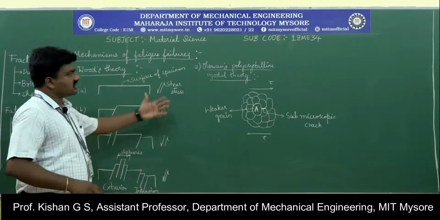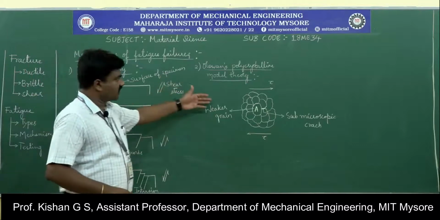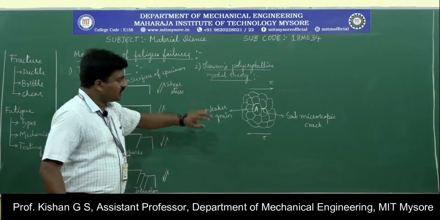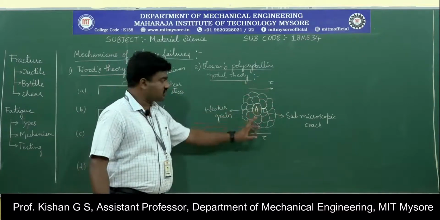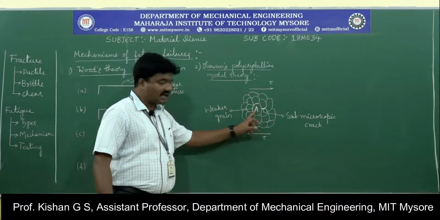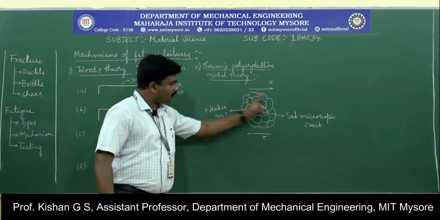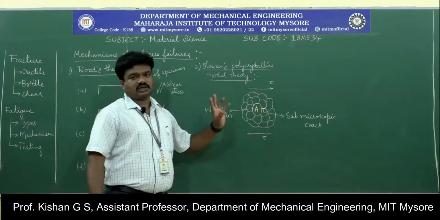Now moving on with the second type of theory, that is Orowan's polycrystalline theory. You have to assume that there is a polycrystalline member here which consists of a grain called A, which is very weak compared to the neighboring grains here.